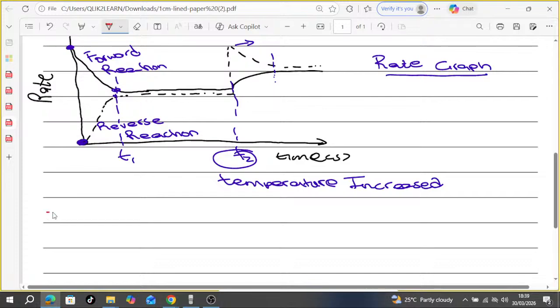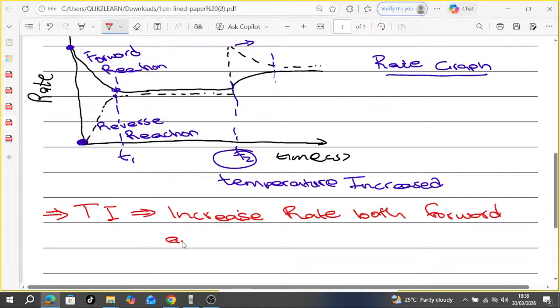So what we need to say is that the temperature is increased, and since the temperature is increased, this will increase the rate of both forward and reverse reaction.